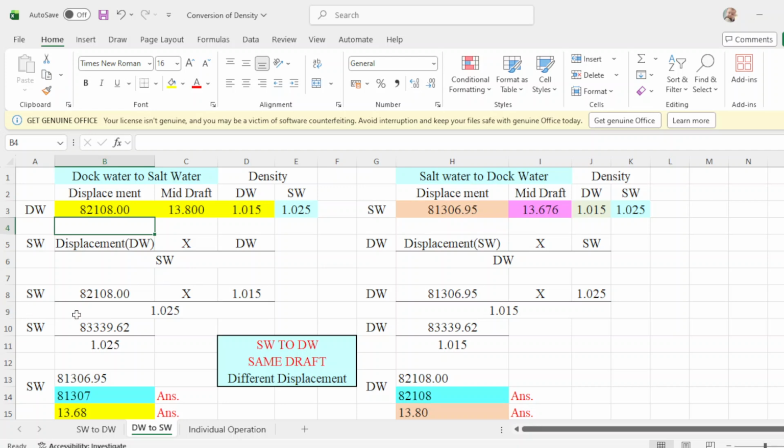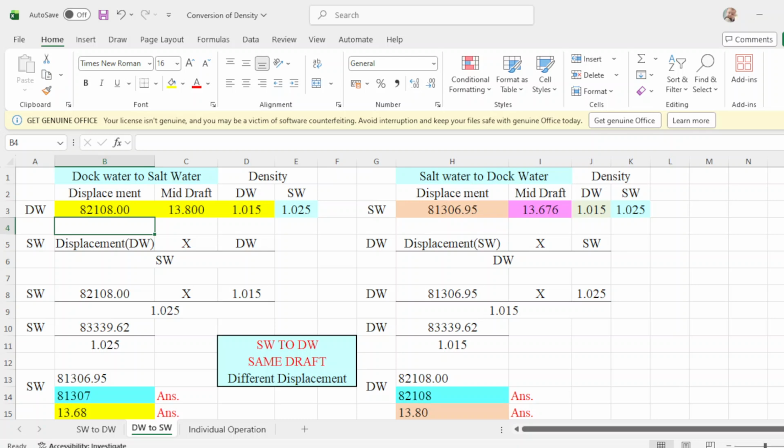So the displacement of dock water is 82108 times your dock water of 1.015 over 1.025. Multiply this one, that will be 88339.62 over salt water 1.025. The answer would be 81306.95 or 81307. So with this corresponding draft, with this displacement, what is the draft?